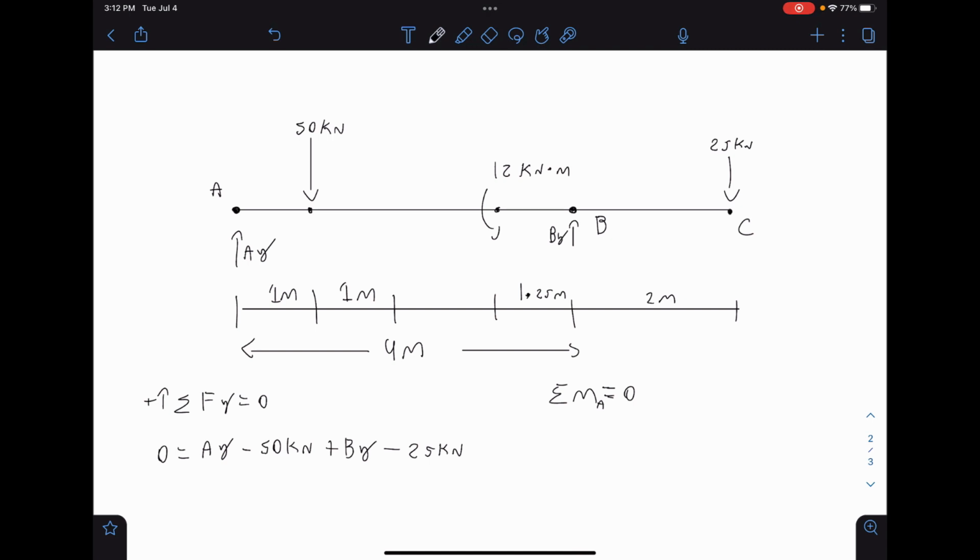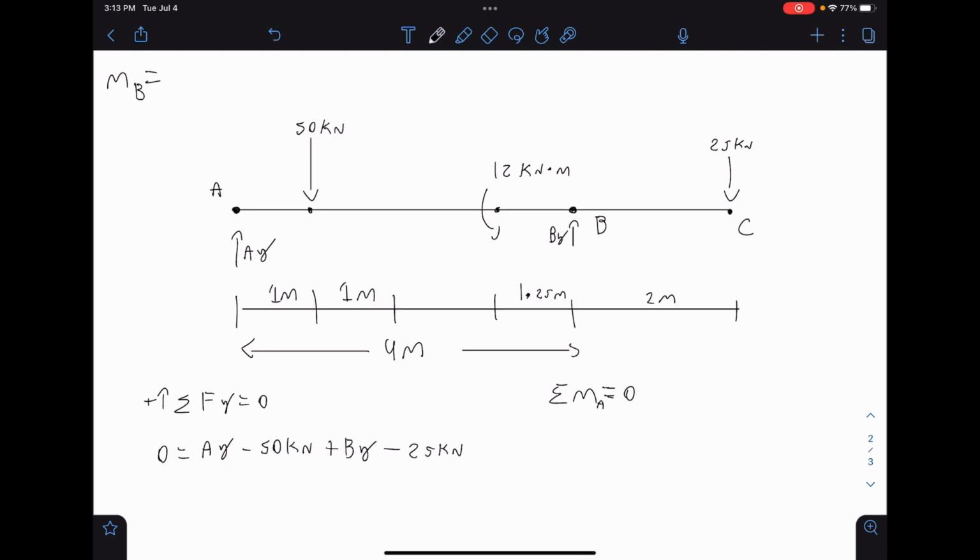And then we can solve for By in our moment equation and sub it into our other equation to get Ay. So let's remember what the formula for a moment is. I'm going to write it in the top left corner here as a reminder. The moment about a point, so we'll say point B because we're not going to use point A in this problem, I don't want to confuse.